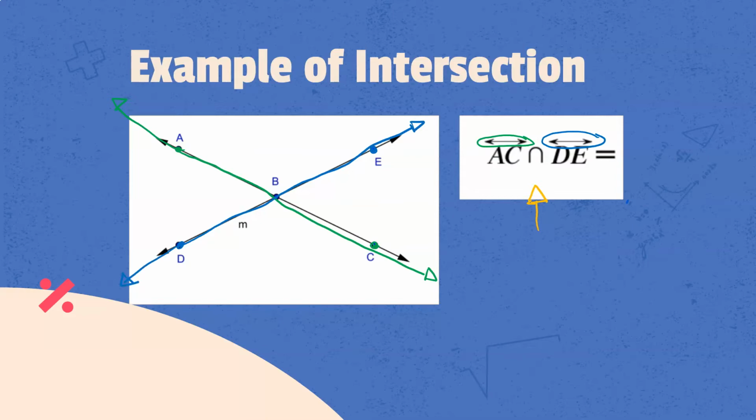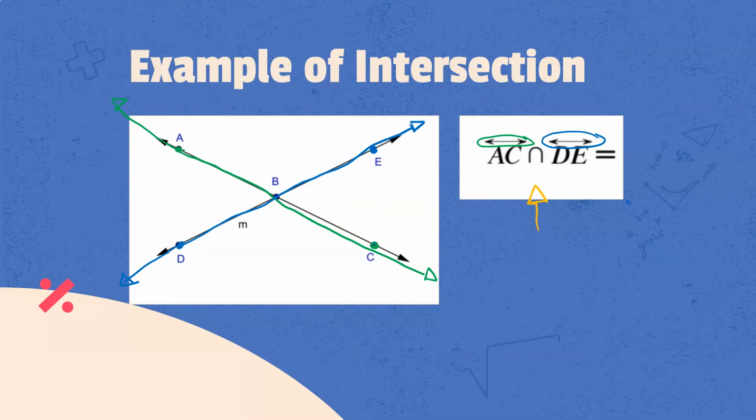As I said, intersection is what is being shared between the two things. So we've drawn AC, and I find that drawing with other colors helps because then you can see it better. I draw AC, and we know that a line extends infinitely, so it's all the way through. And DE is also a line, and it extends infinitely, all the way through.